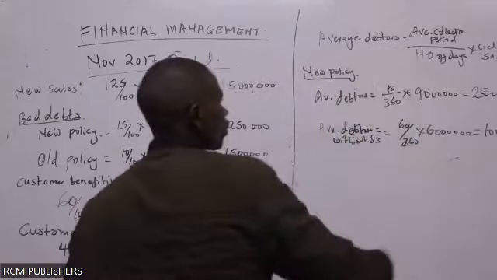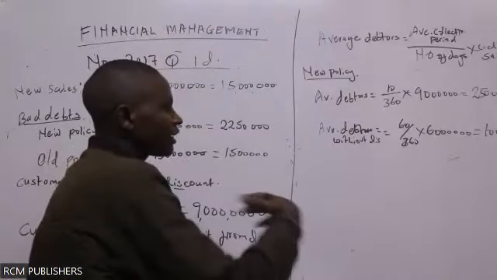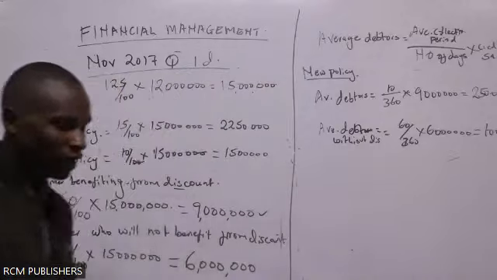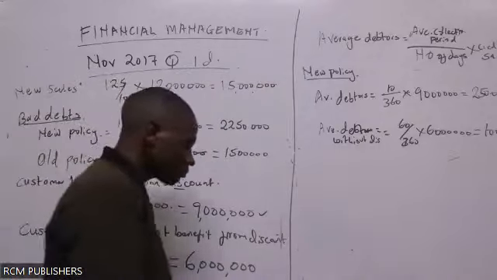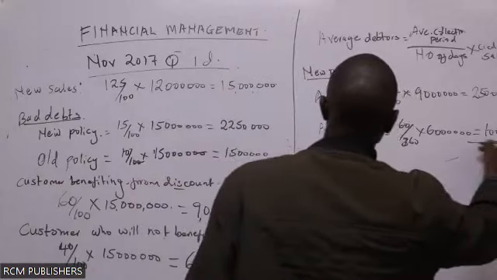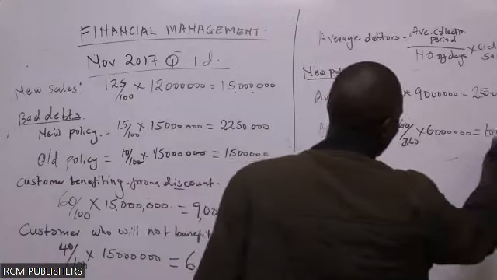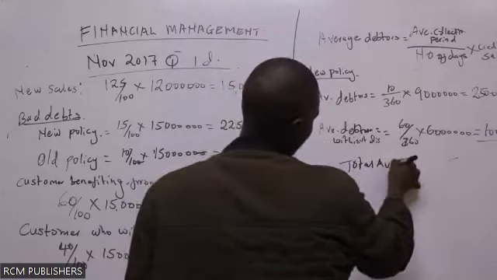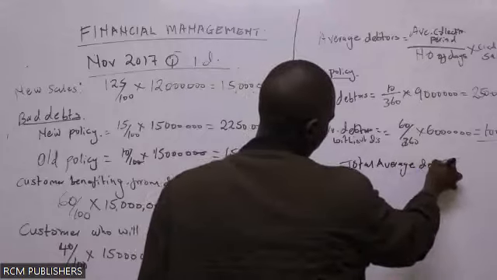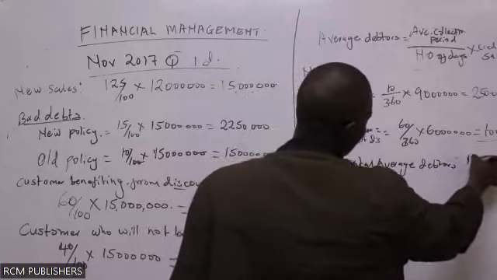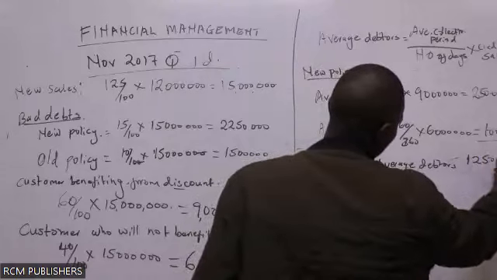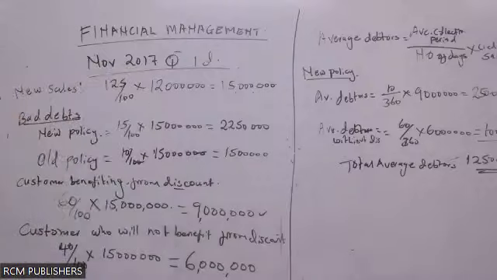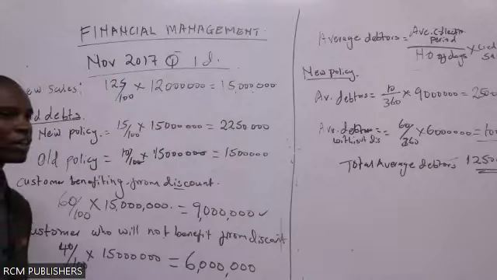So what will be the total average data? Yes, regardless whether watapata discount ama hawatapata, the total average data itakuwa ngapi under the new policy? Total average data itakuwa 1,250,000. That is for the new policy.